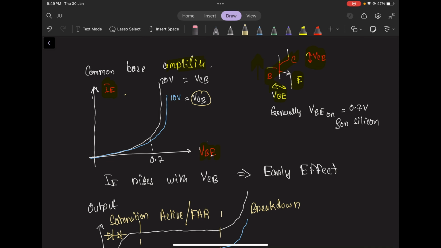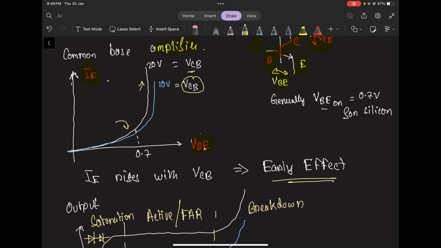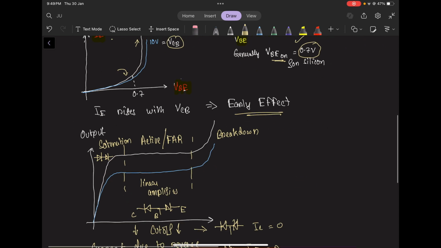At a higher VCB, the curve is steeper, and this is known as early effect. And we see that at a particular voltage, the transistor starts conducting, and this is known as VBE on. It's 0.7 volt for silicon, and remember this value for calculations.